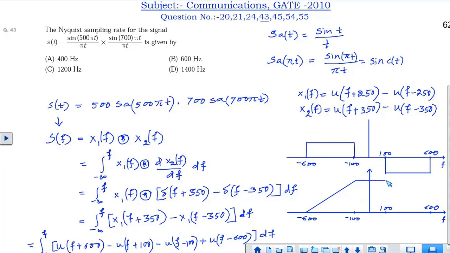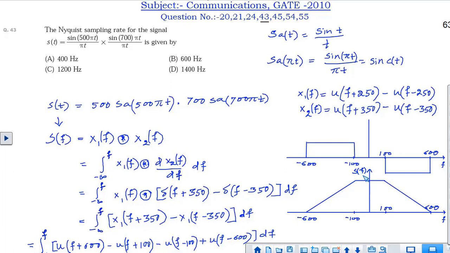Next, as this is the negative part, the area will be gradually subtracted, so the curve will decline gradually. Up to this point, the area of this rectangle is the same as the area of this rectangle, so the total area will be subtracted from the maximum value. So the curve will gradually decrease till 600. This is the integration of this signal.